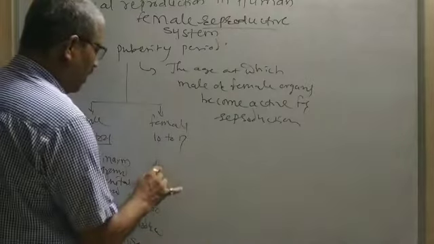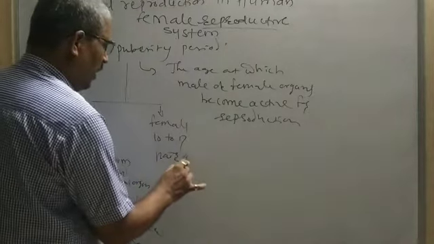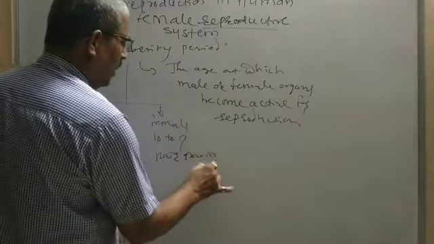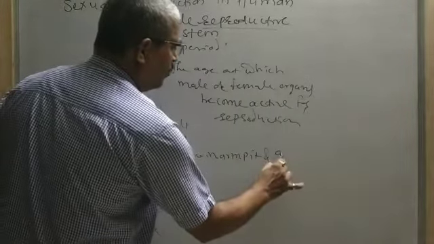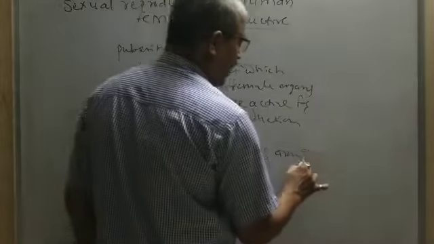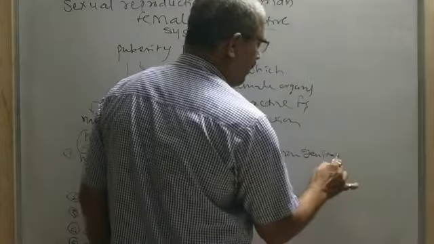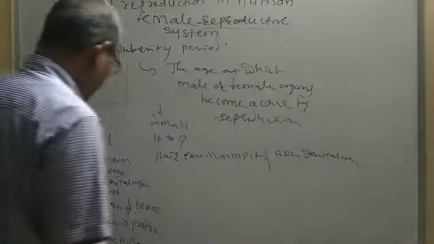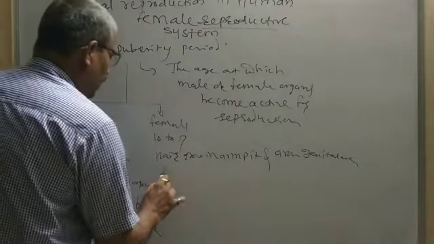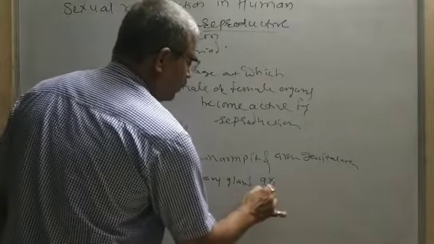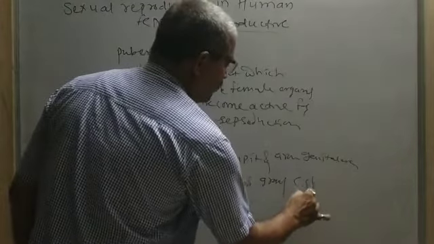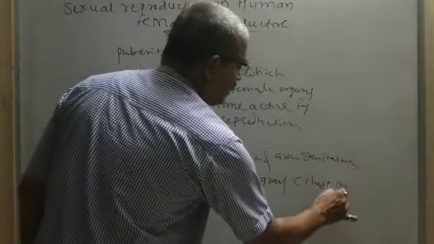The same thing: hair grows in the armpit and around the genital organ. The second thing is that the mammary glands grow, meaning the chest increases.